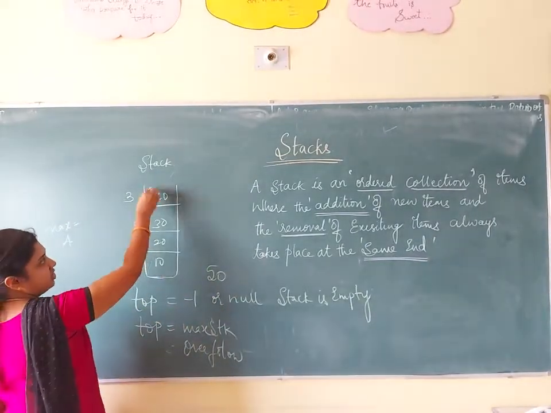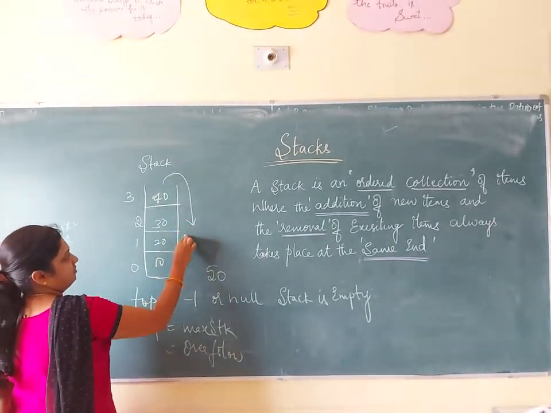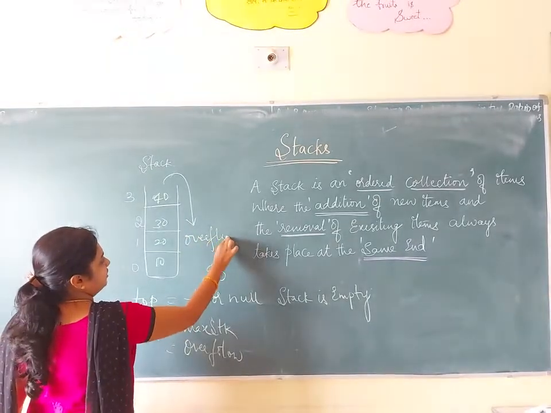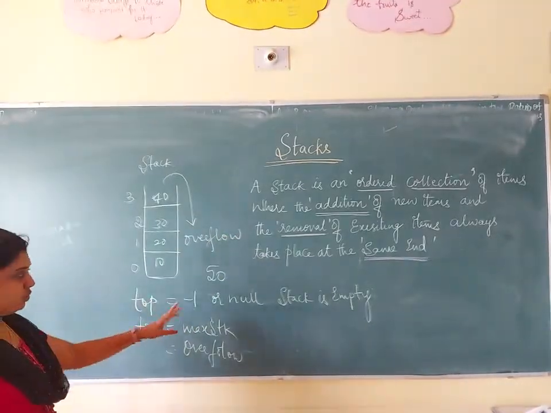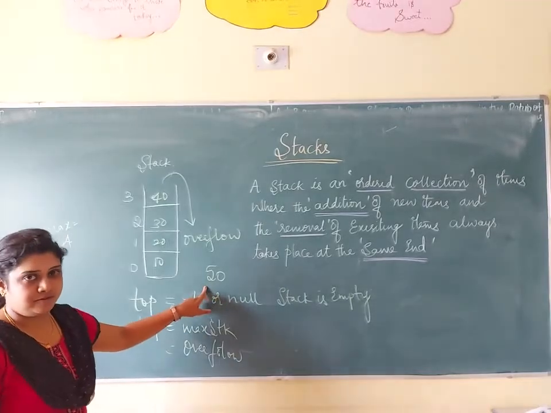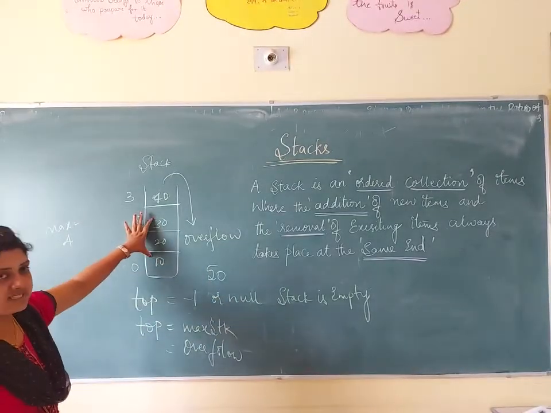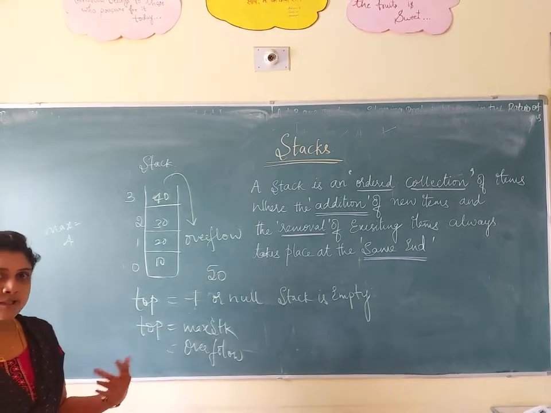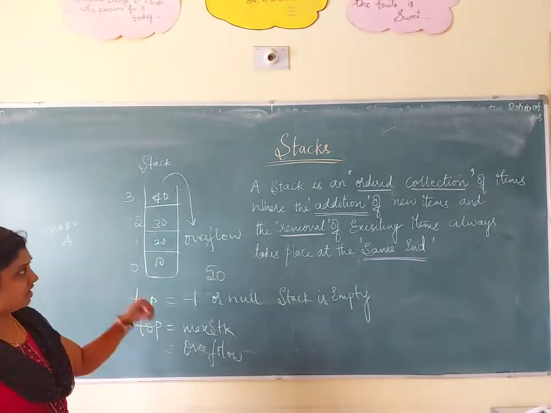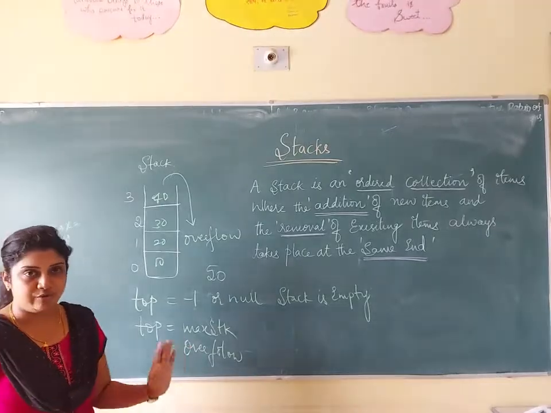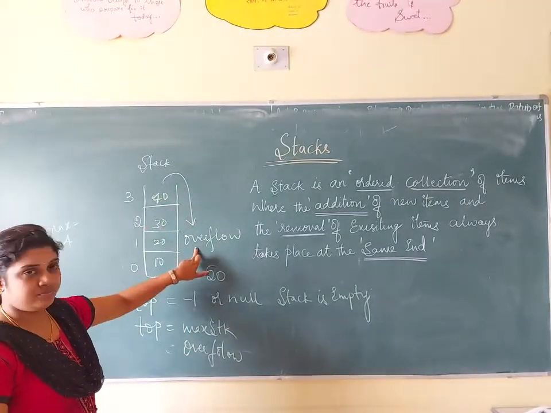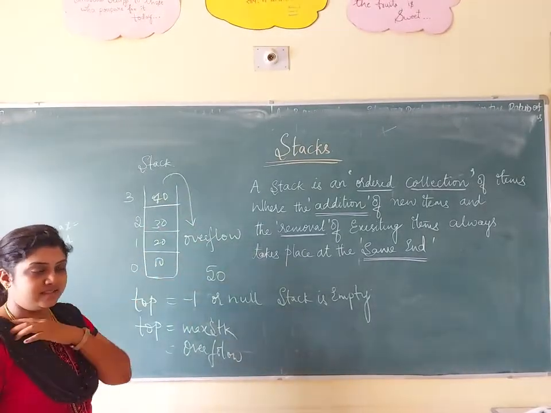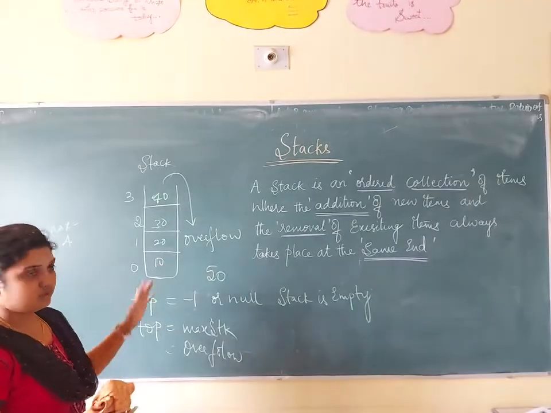If you insert it, it will overflow, because we don't have memory to store the value 50. My stack size is 4, so I can insert only 4 elements into the stack. If you want to add one more item, overflow. In the sense, there is no space in the stack to store the value.